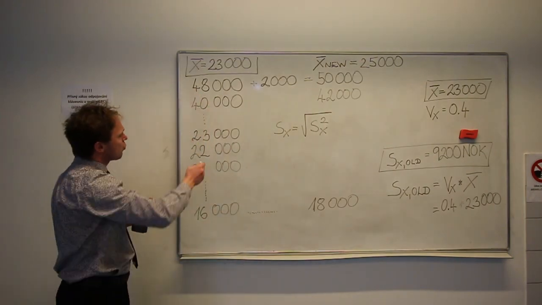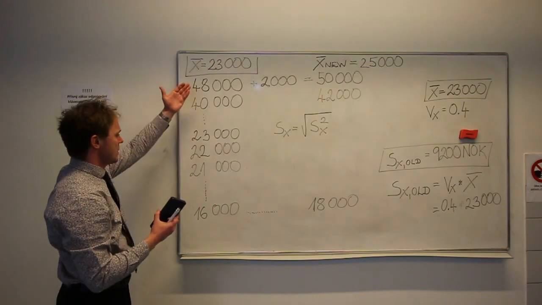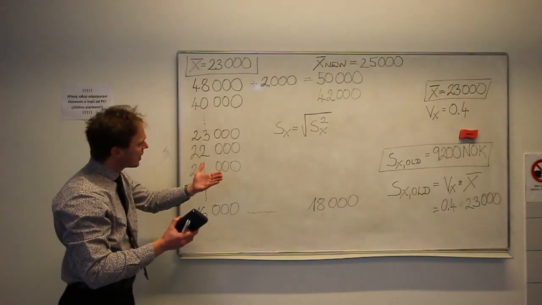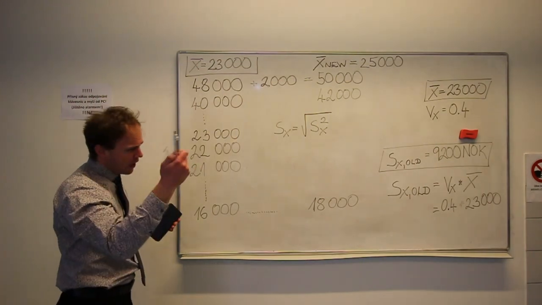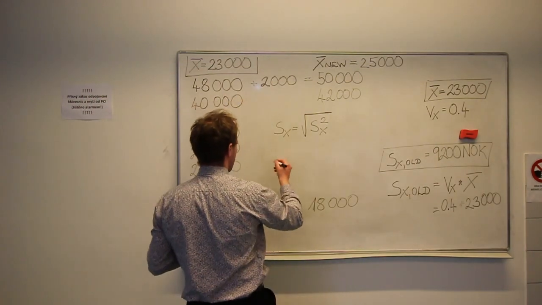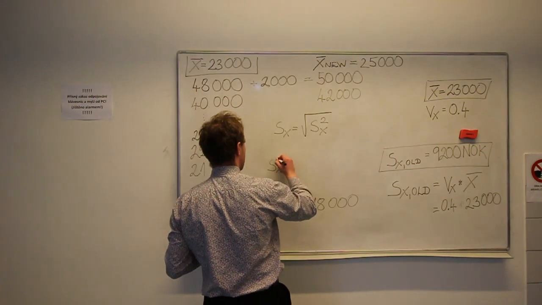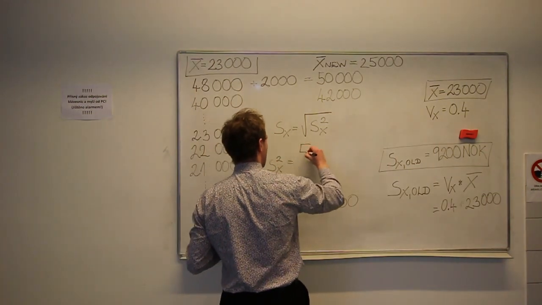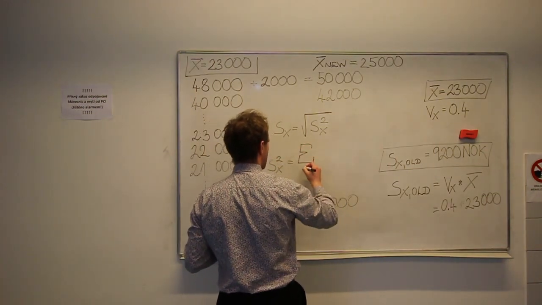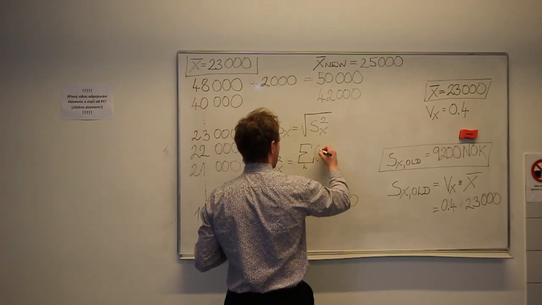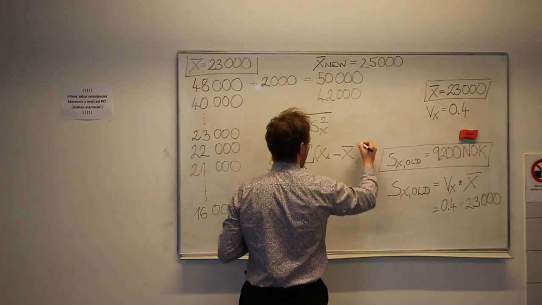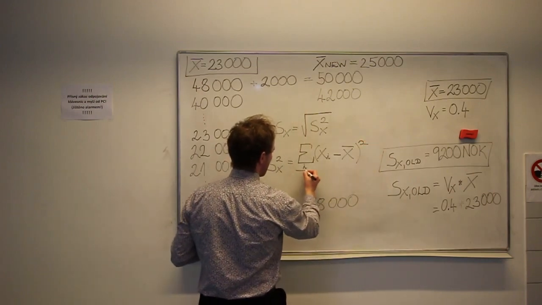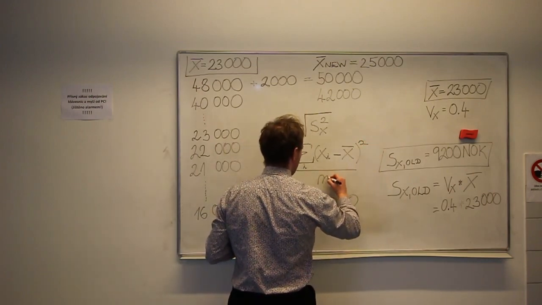If we add a constant to all values in the sample, the variance does not change. Why? Because the variance Sx squared is calculated as the summation through all i of xi minus x with stripe, squared, divided by n.